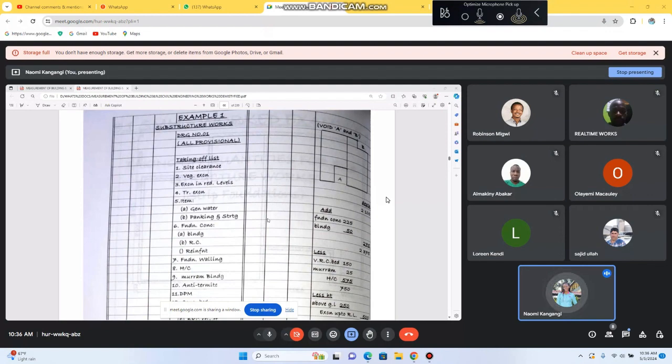Then I would ask, what if the depth from the ground level up to the reduced level was 200? Then the depth of the vegetable soil was 200. Someone, what is the depth that we need to reduce the level?